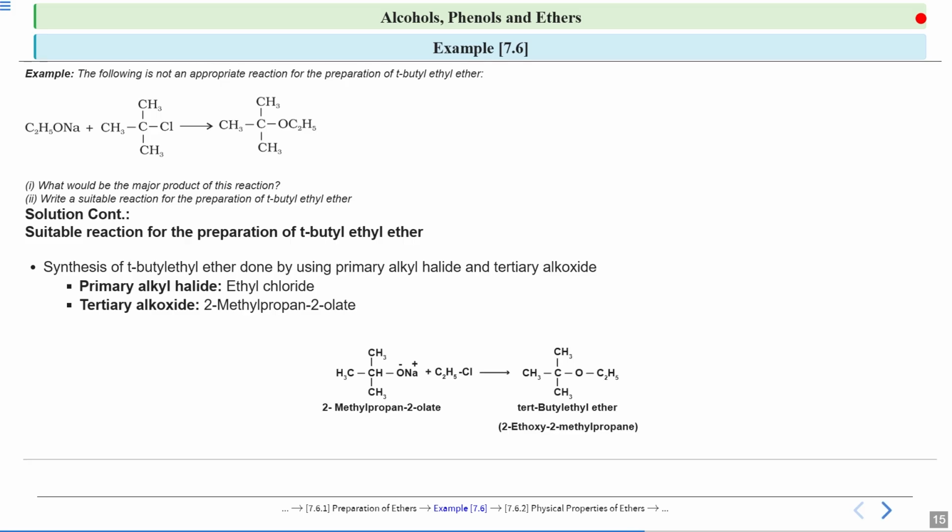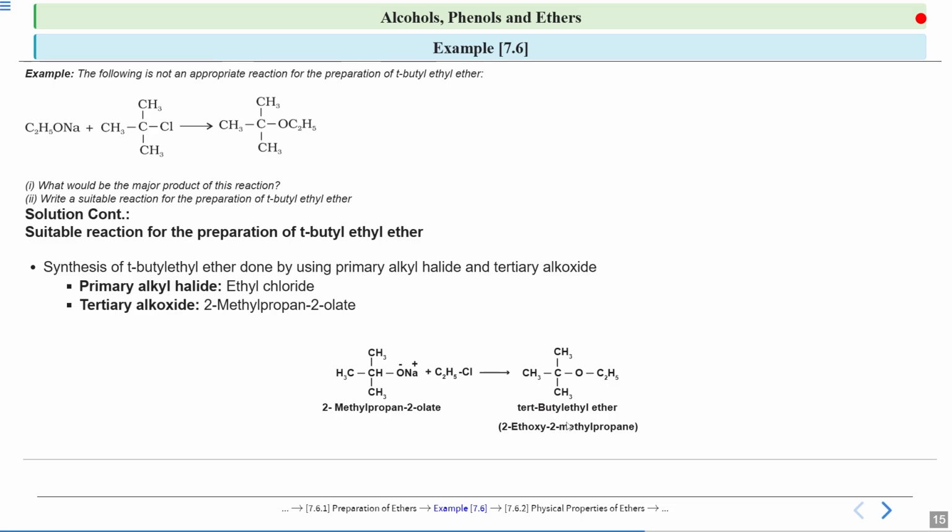If you look at this reaction, it is a primary alkyl halide and this is a tertiary alkoxide. Now what will happen in this case? This oxygen with its electron density will attack this carbon and the Cl group will leave from here. So this tertiary group will join this oxygen, and C2H5 will attach to this oxygen.